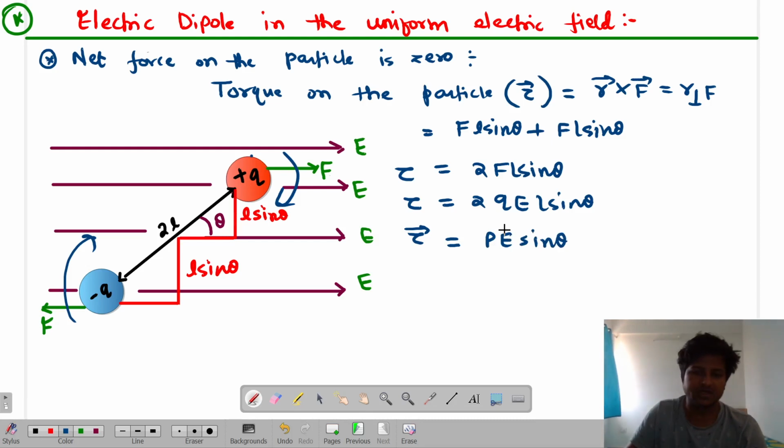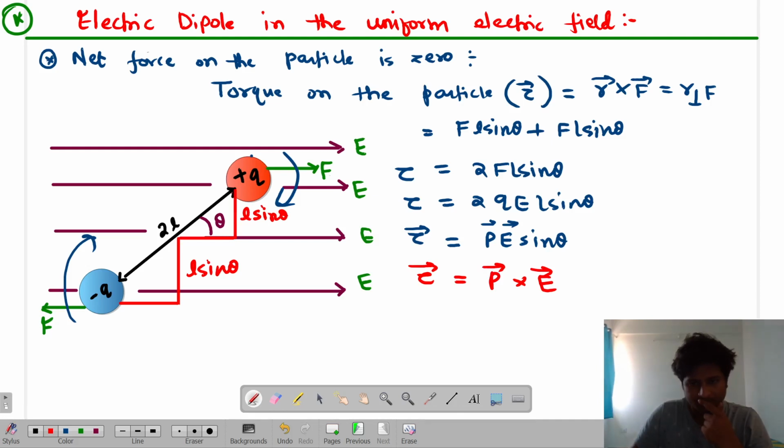But look over here, which vector is rotating which vector? Dipole moment means the electric field is rotating my dipole moment, isn't it? So in terms of cross product, it is written as the vector which is rotating cross the vector which is rotated. Are you able to get me? So it should not be written as E cross P. E cross P is something else. That would mean the dipole moment is rotating the electric field, but here it is opposite.